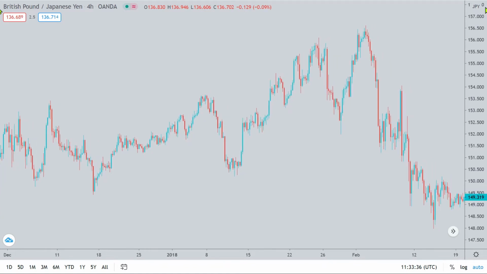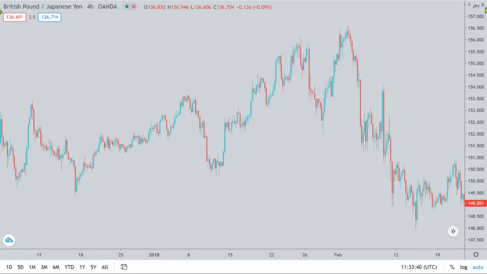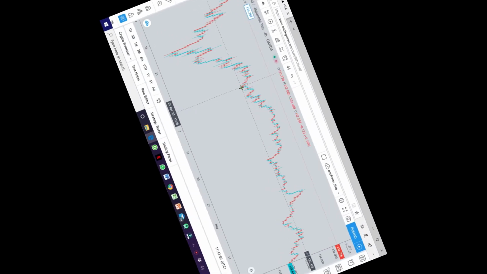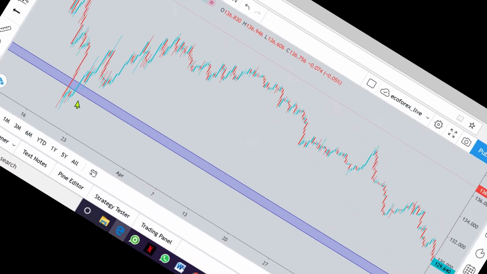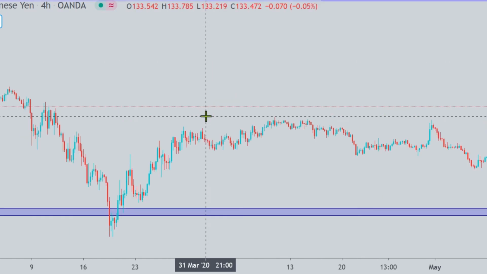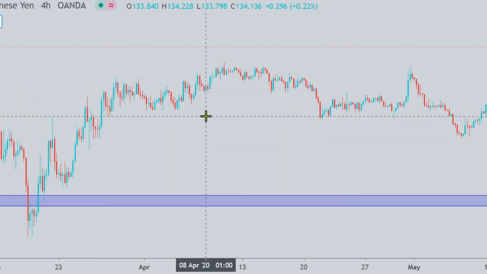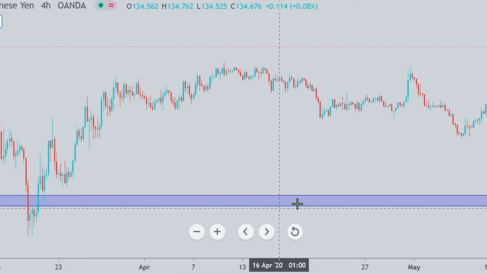We're going to look at how we can apply these on our charts. Let's start by analyzing the market, drawing support and resistance. Okay, as you can see here, I have my support here, strong support.